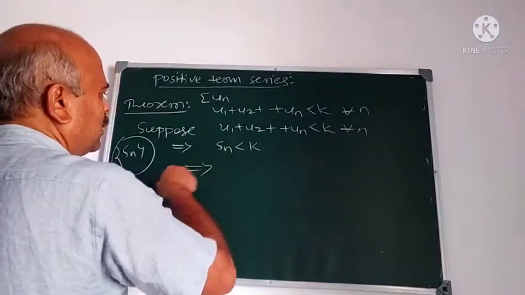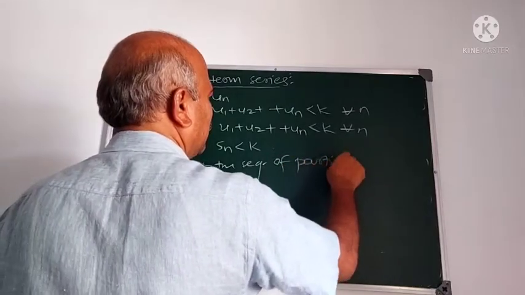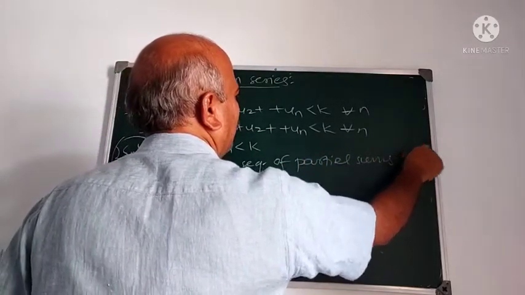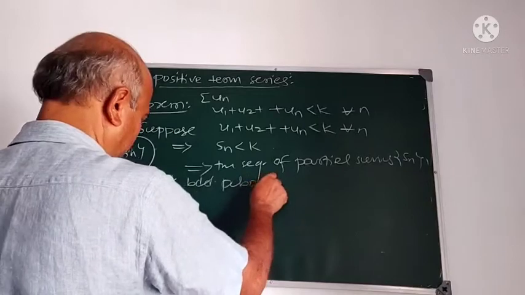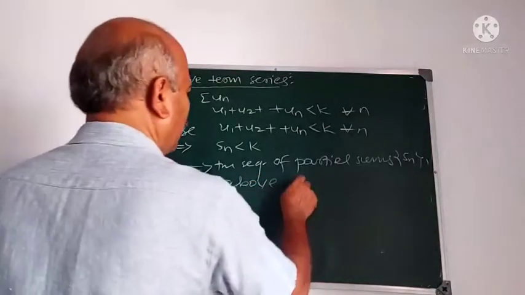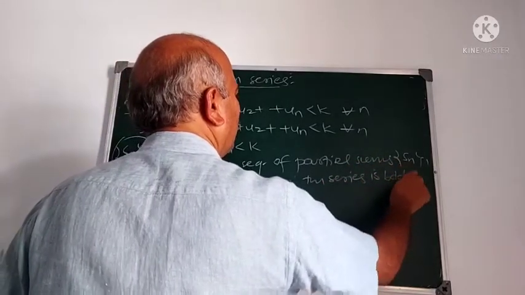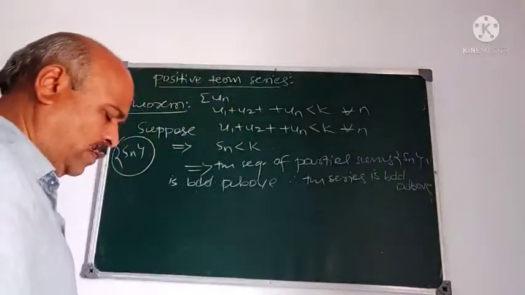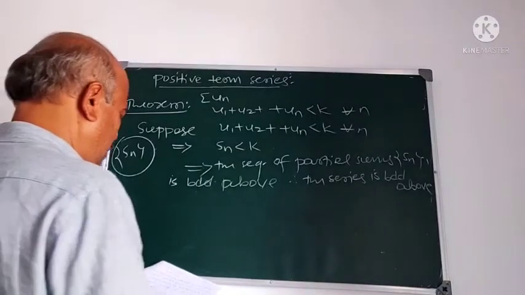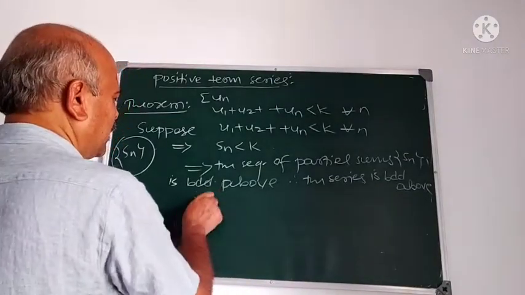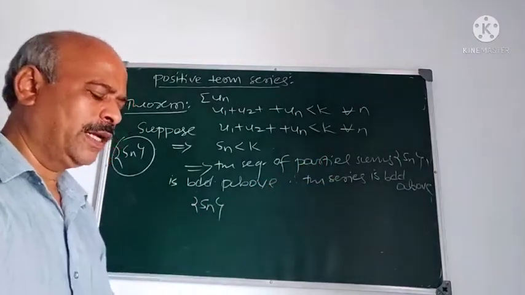This implies the sequence of partial sums Sn is bounded above. Therefore, the series is bounded above. And also, Sn is monotonically increasing, bounded above. Therefore, it converges. That is the first part.